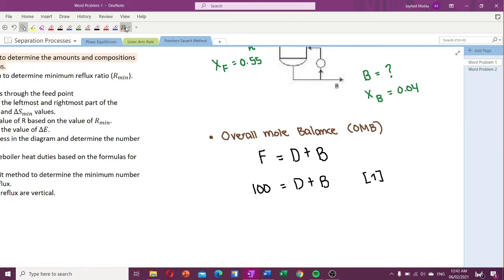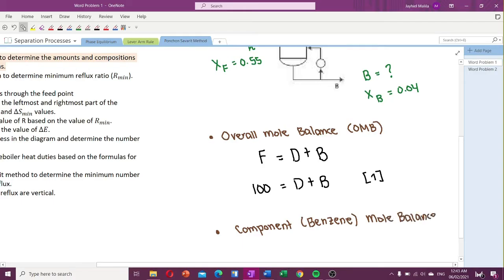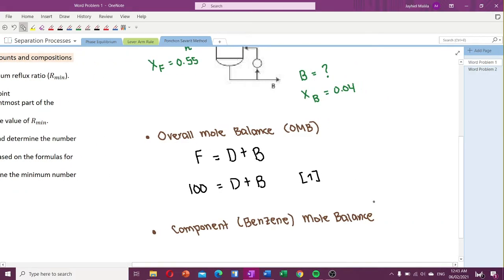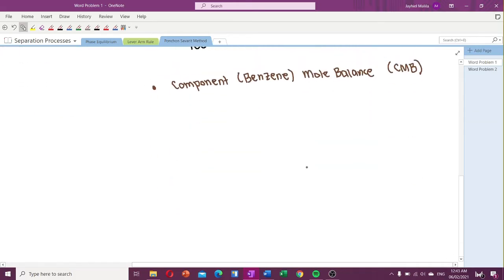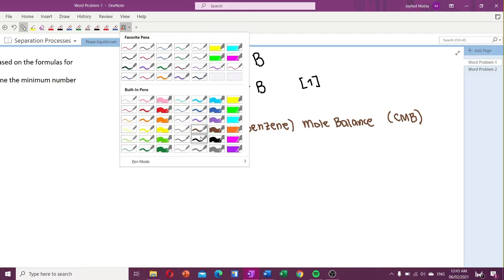And then our component mole balance. I would like to emphasize that the component that we're going to balance for this one is benzene. We also call that one CMB. The next thing that we're going to do is the component mole balance for benzene.